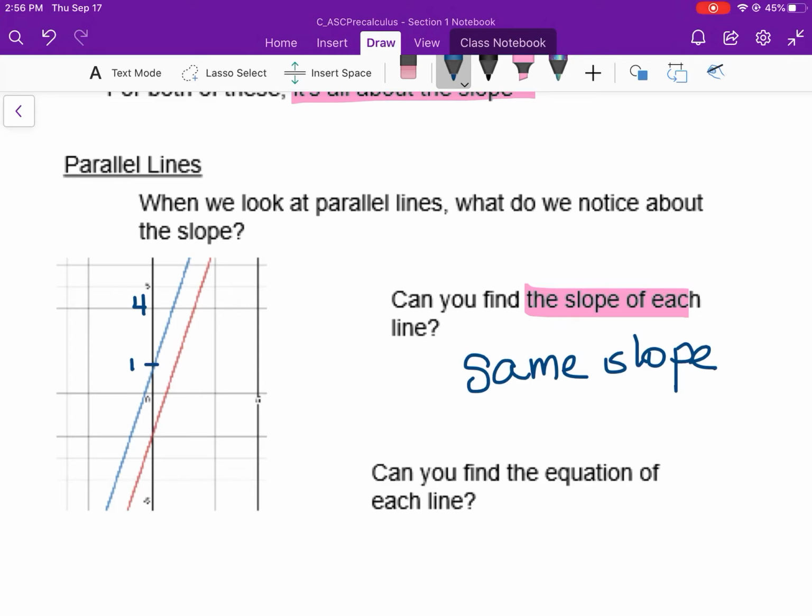The slope for the blue line is supposed to be up 3 and over 1. Well, that's just messy. Let me rewrite that, sorry. So the blue line, the slope is 3 over 1, because from 1 up to 4 is 3, and then I go over 1, or the slope is 3.